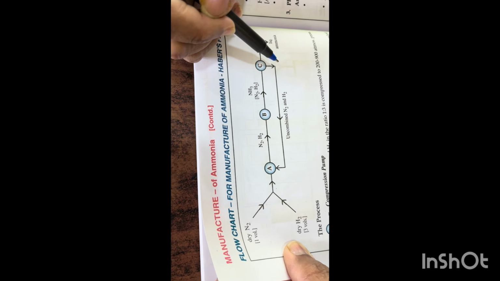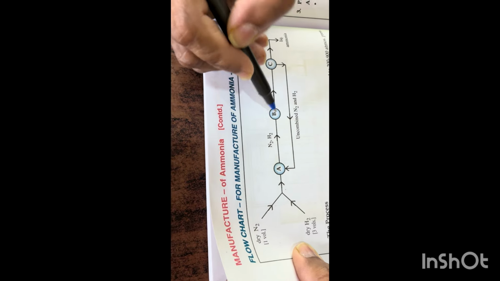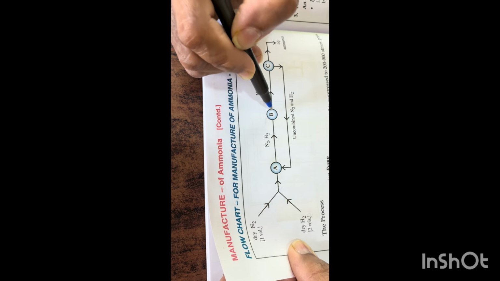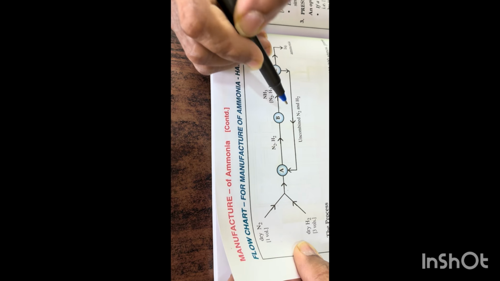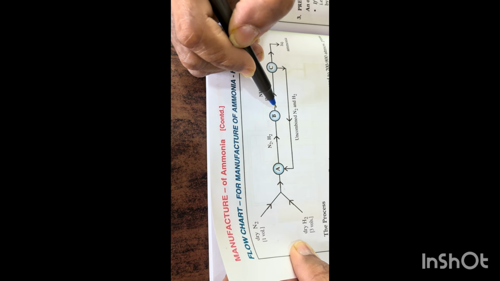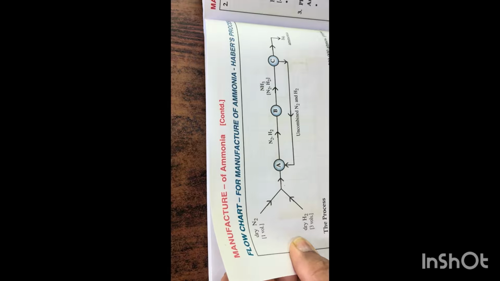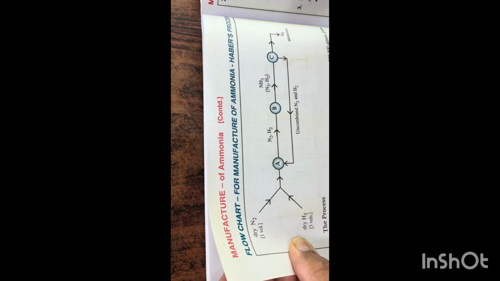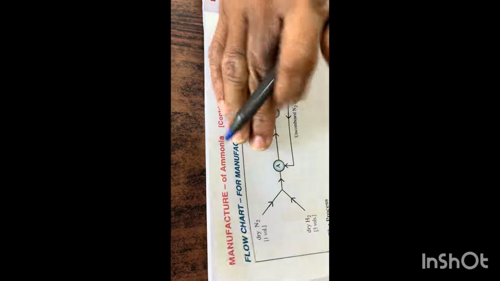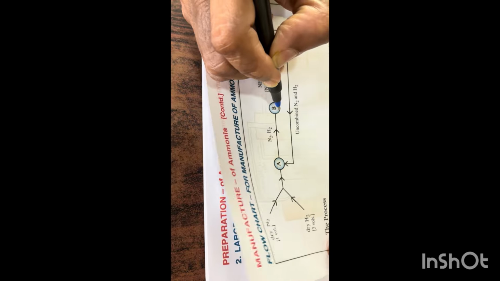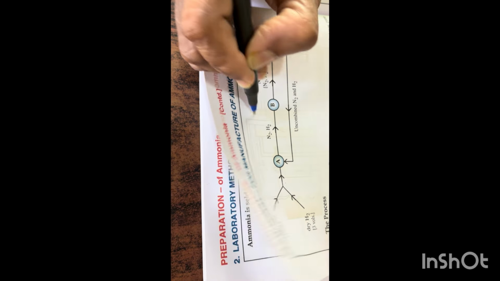From here the N2 and H2 will go to the electrically heated catalytic chamber. The nitrogen and hydrogen, which have been compressed in the compression chamber, form a compressed mixture that is passed over the heated catalyst, with a heat exchanger.